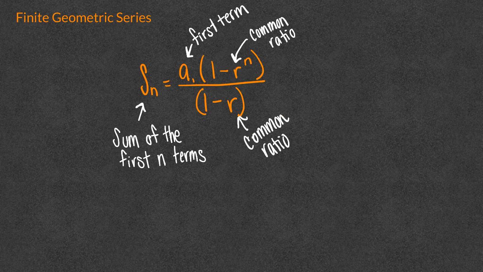The last thing within our formula is n, and n represents the number of terms within the sequence that we're wanting to add together. So this would typically be the number at the top of your summation notation that's telling you where to stop. So that is your finite geometric series formula with all of its components.